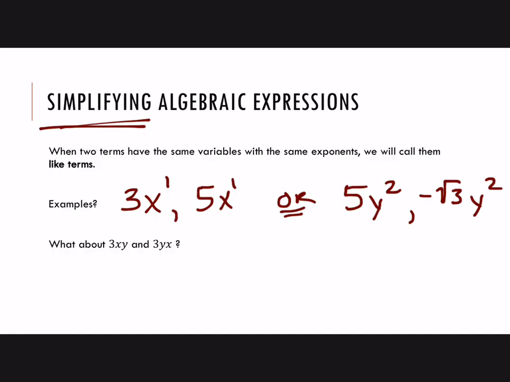Okay, these are like terms. They have the same variables, x and y, and the same exponents, ones on each of them. Okay, now it's important that the exponents on the x's match and the y's match. It's not important that x matches y. So these still would have been like terms if we had like x squared y and yx squared. That's okay too.